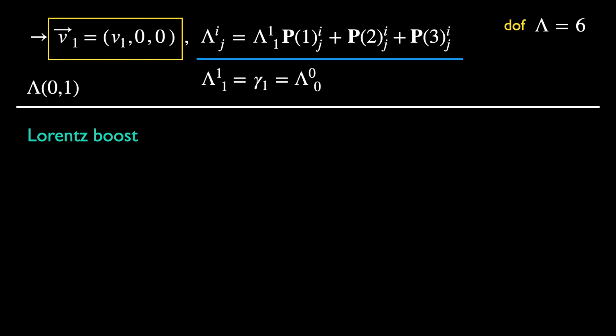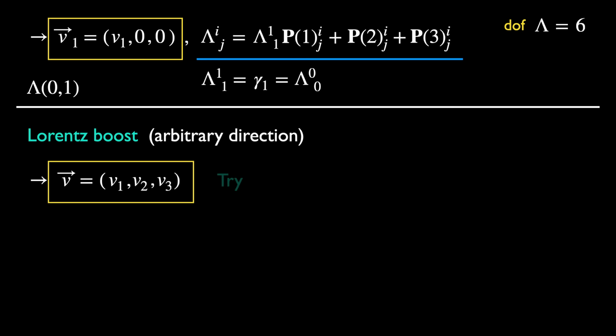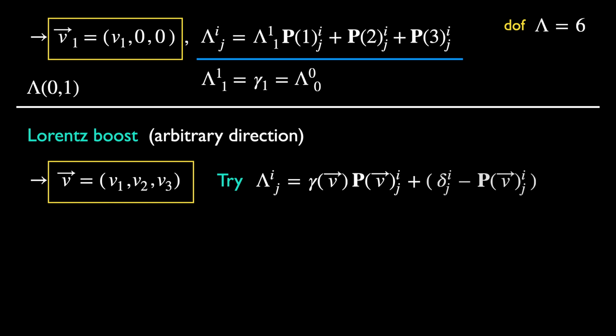Thus, for the Lorentz boost along an arbitrary direction, we can try the following solution. Gamma is attached to the projector along the velocity, and the second term is the projector into the perpendicular directions, which can be expressed as the identity minus the projector along v.